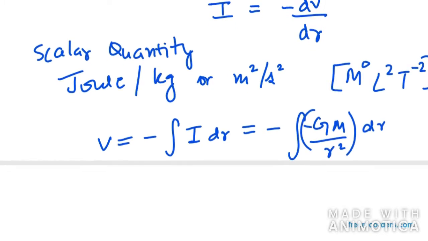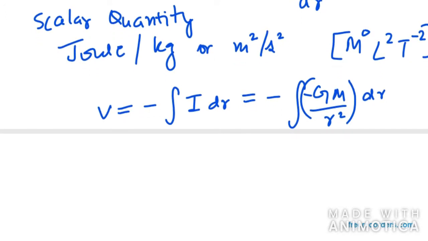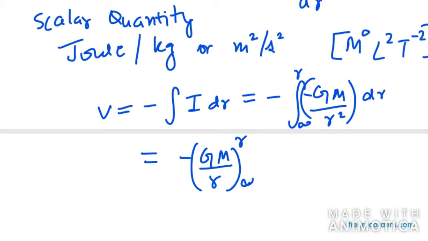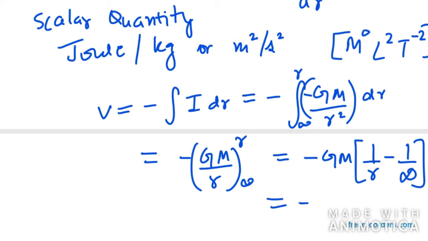Now when I integrate this between infinity and r, it will be minus Gm times the bracket from r to infinity, and it can be written as minus Gm, 1 by r minus 1 by infinity, that means minus Gm over r.